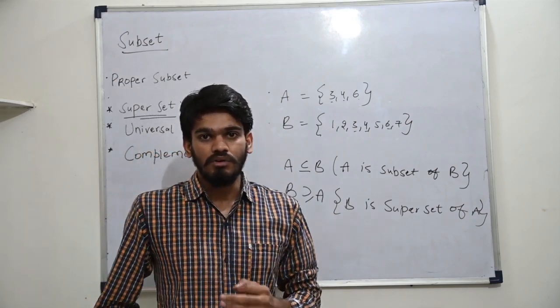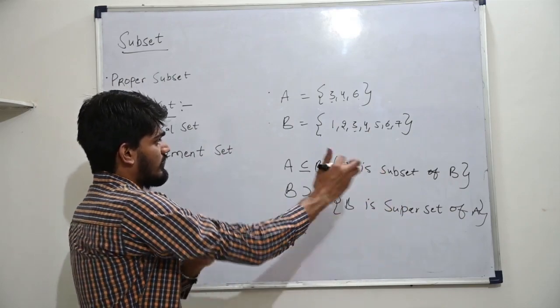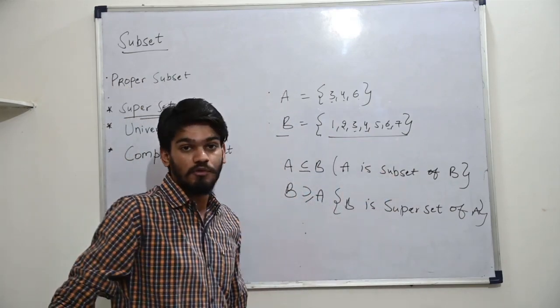And one more thing. This B we have 1, 2, 3, 4, 5, 6, 7.